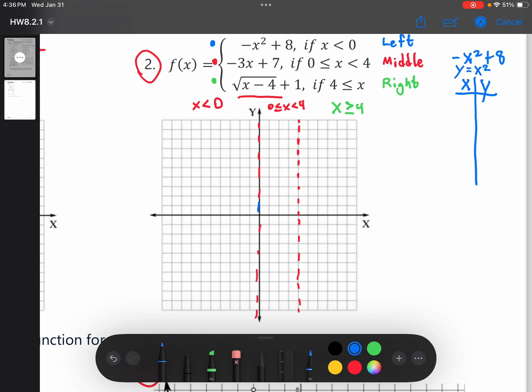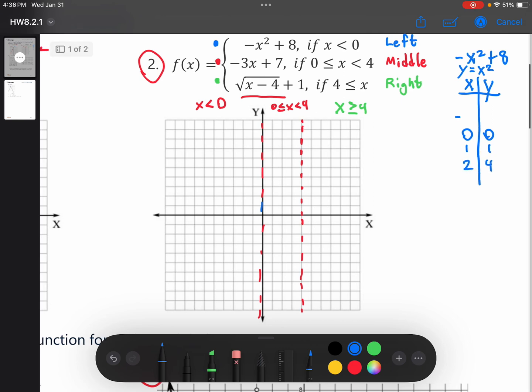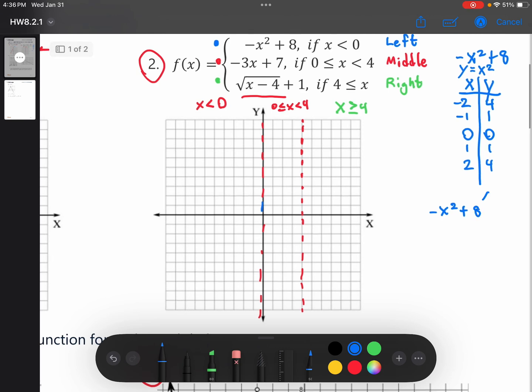I'm going to come up with some points for that parent function, like 0, 0. Remember, all I'm doing is squaring x values. 1, 1, 2, 4. I'm also going to pick -1. If I square -1, I get +1. If I square -2, I get +4 also. So what this function means is that this is going to be up 8.